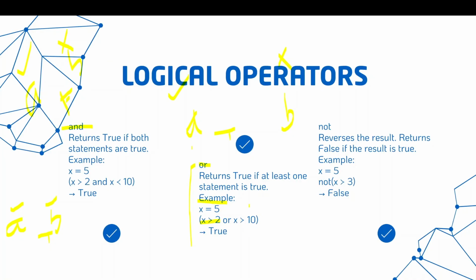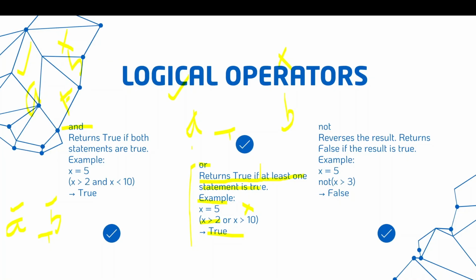So this one is the wrong statement, but still our operator is giving us true, because it returns true if at least one statement is true. So this is our OR operator.